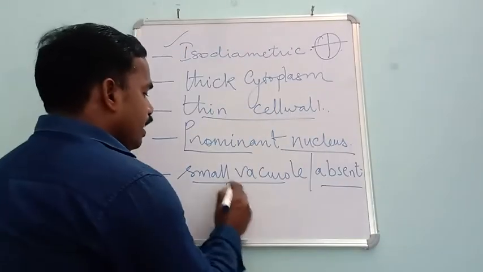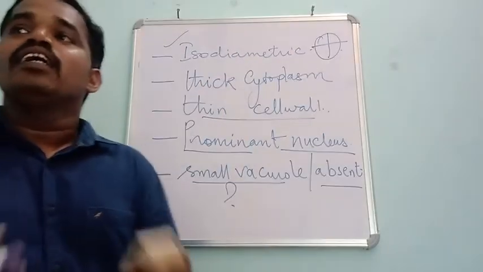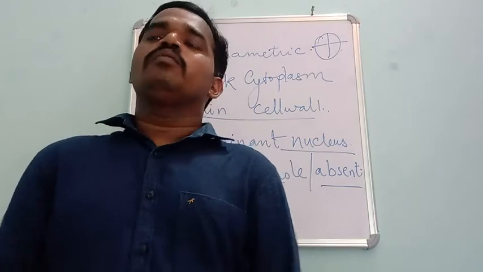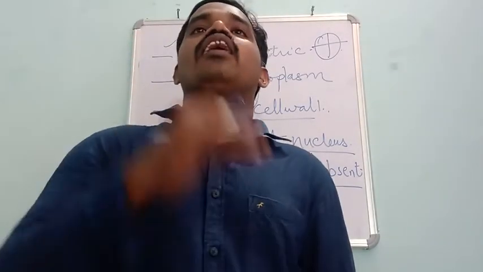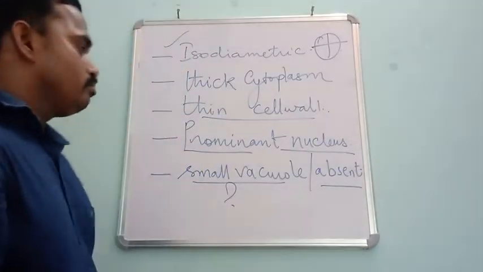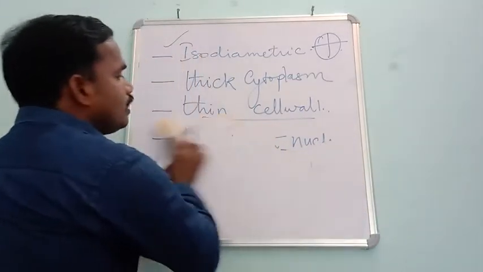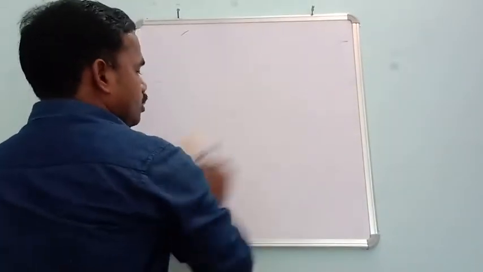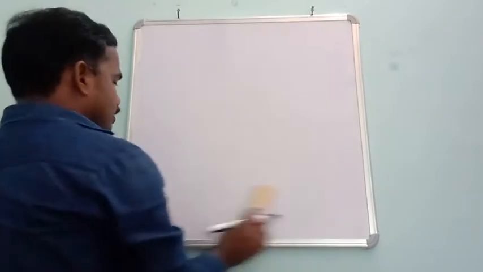So why are the vacuoles small or absent? I already told you the nature of meristematic cells: they are actively dividing cells, involved in cell divisions.